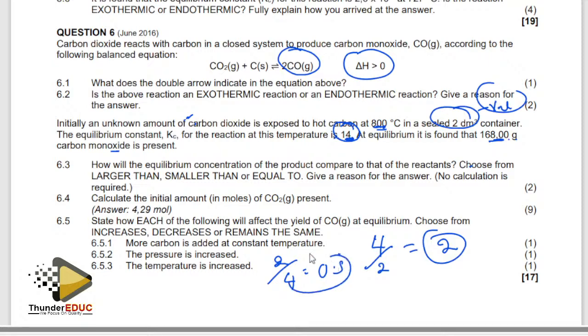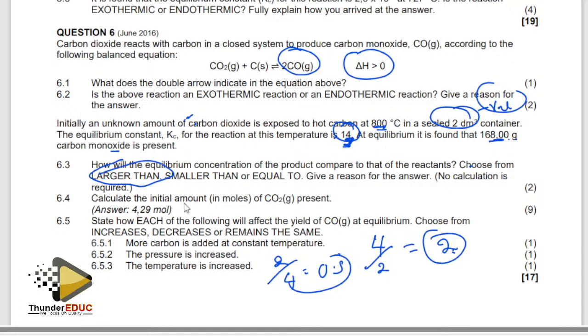So if the product is bigger, then the Kc is gonna be bigger. In this case, you'll find out that the product is a little bit big. That's why the Kc value is much higher. Is it clear? So the answer is gonna be larger than.